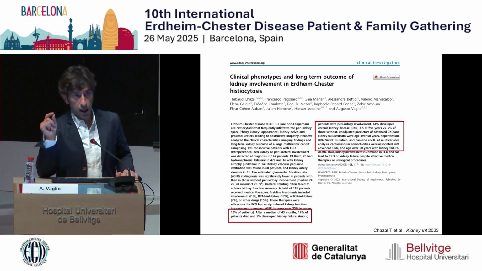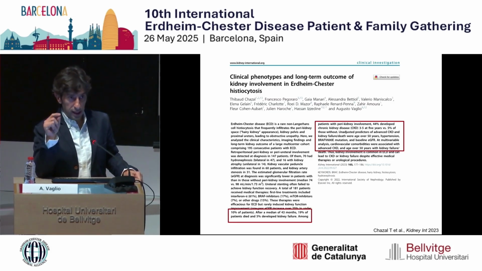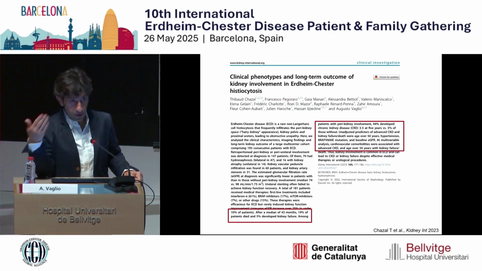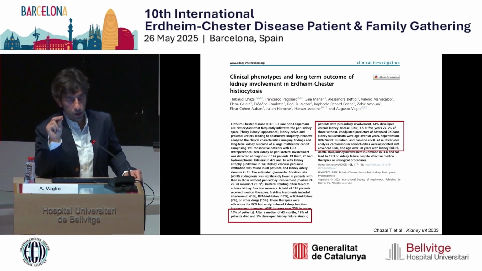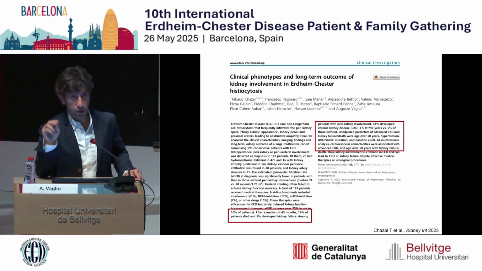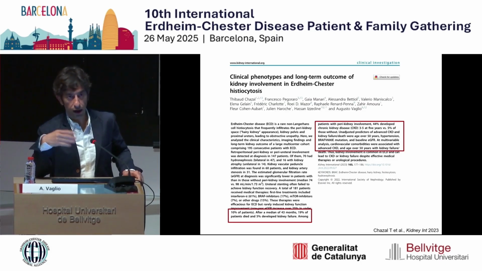But we should not forget that patients with ECD often have comorbidities like obesity, smoking, dyslipidemia, hypertension, diabetes. And actually what we found in our work was that these comorbidities matter a lot in the evolution of kidney disease over time.